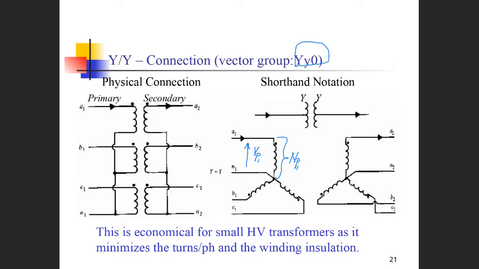And the phase voltage is proportional to the turn numbers in primary 1.